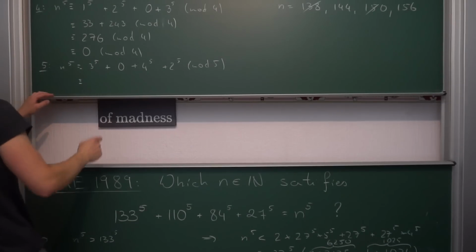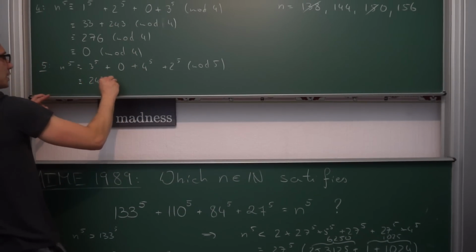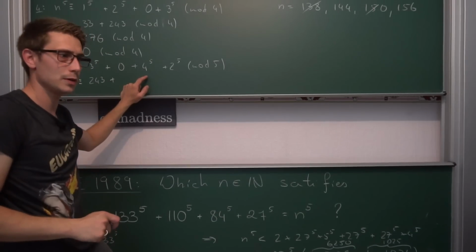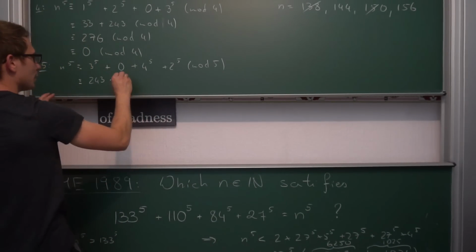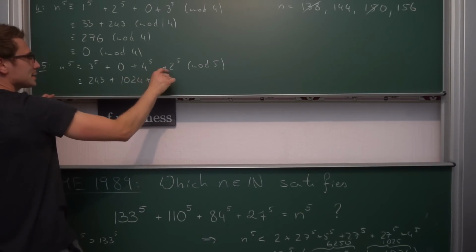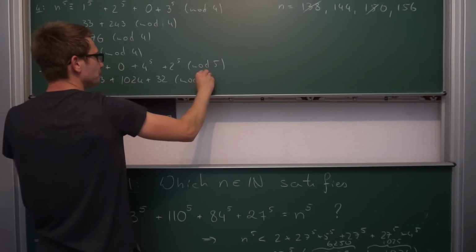Now 3 to the fifth power, we already know this is 243. Then 4 to the fifth power is 2 squared to the fifth power, which is 2 to the 10th power, 1024. Plus 2 to the fifth power is 32 once again, and all of this modulo 5.